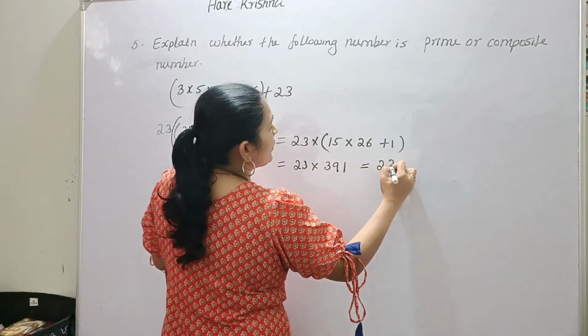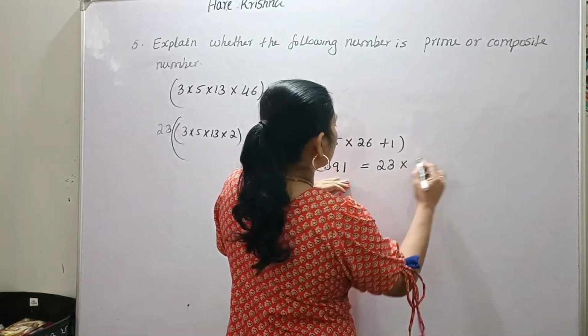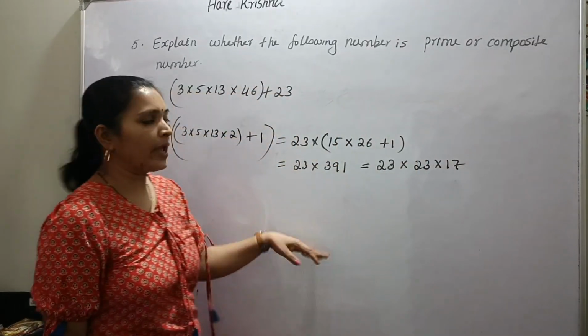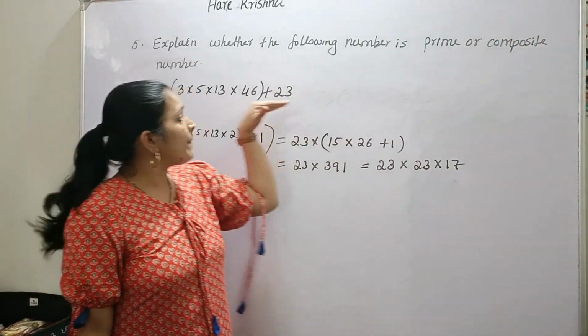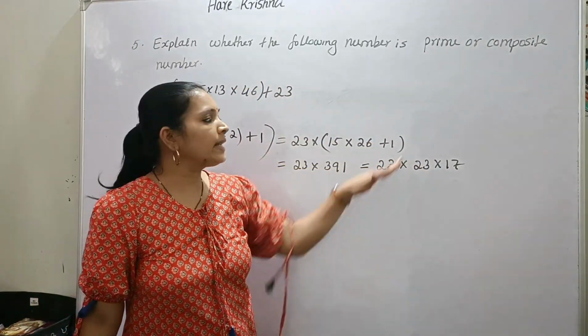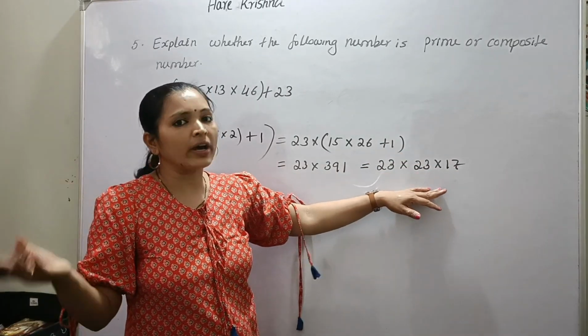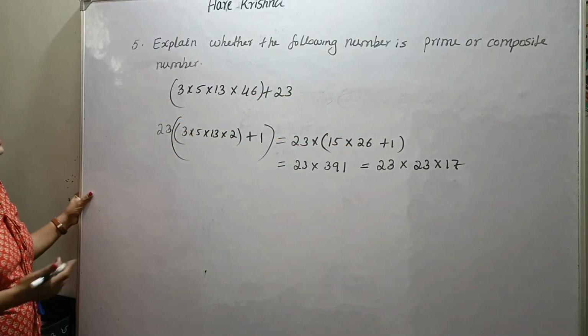That is equal to 23 into 391, which can be written as 23 into 17. So this number has factors 23 and 17. That is, this number has factors other than 1 and itself. Therefore, this number is a composite number.